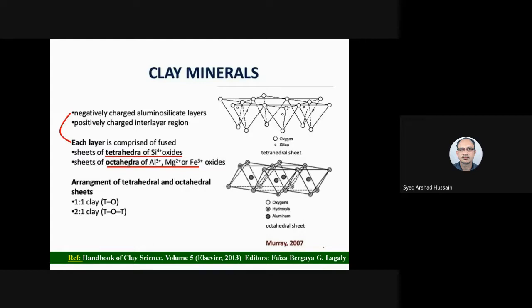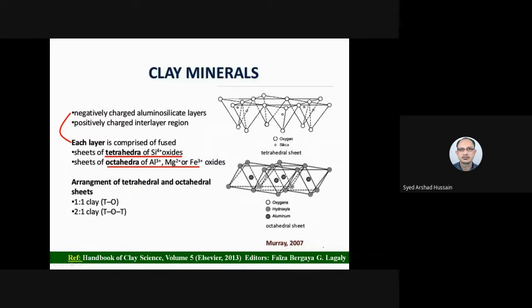And then another sheet, octahedra of alumina, magnesium, or iron oxides. So a combination of these two sheets, and different kinds of cations or anions in between the sheets, make different types of clay. And based on the combinations or arrangement of these sheets, there are different kinds of clay.